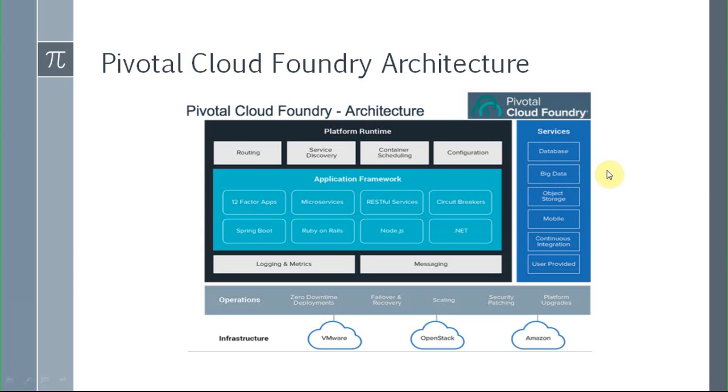Or for big data, you can use different tools and platforms like Hadoop, MapReduce, Cloudera, RapidMiner, R language for big data.